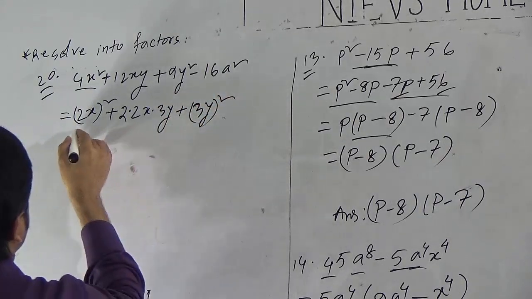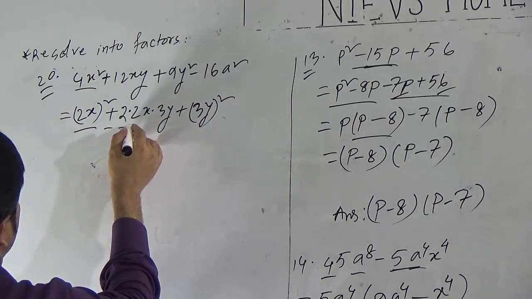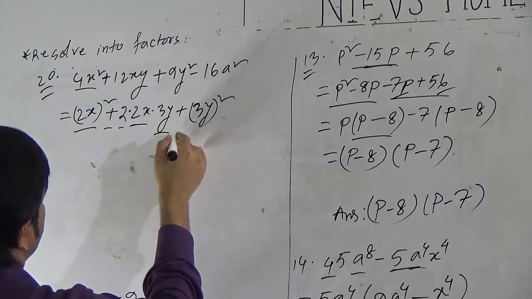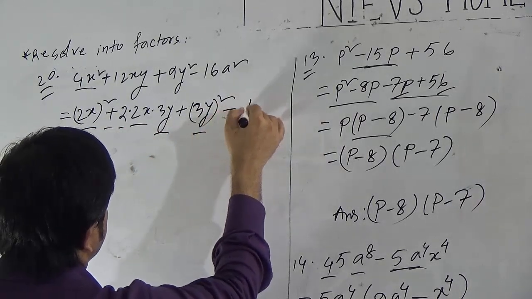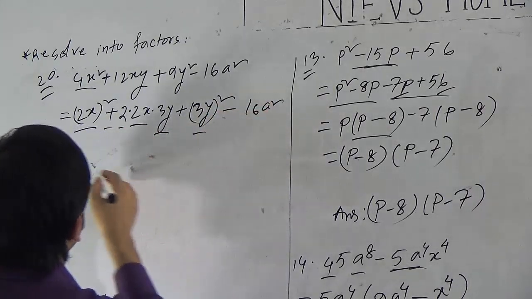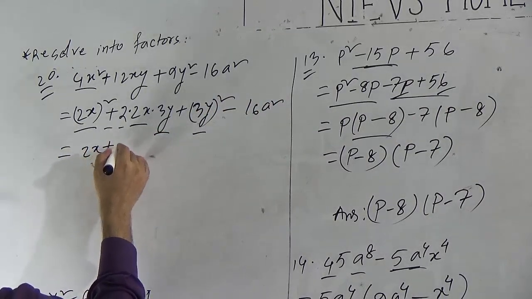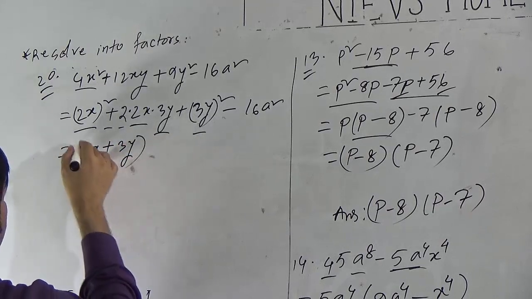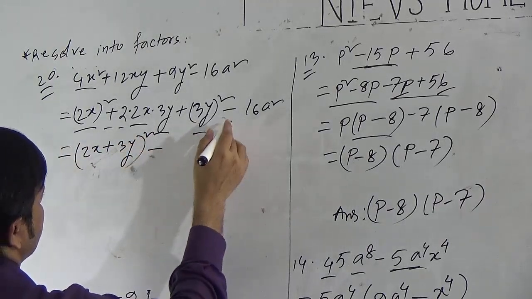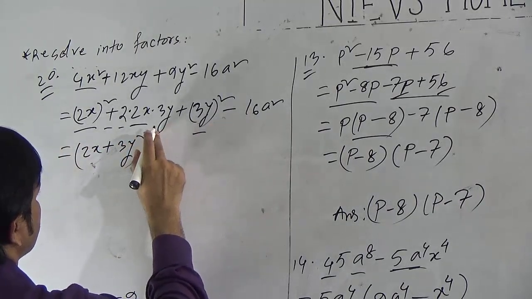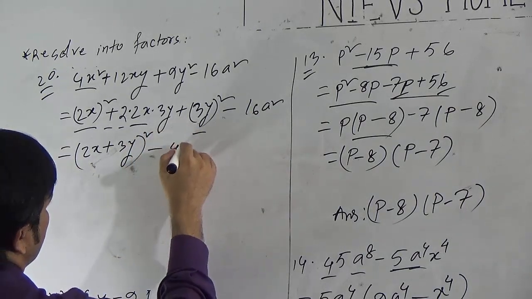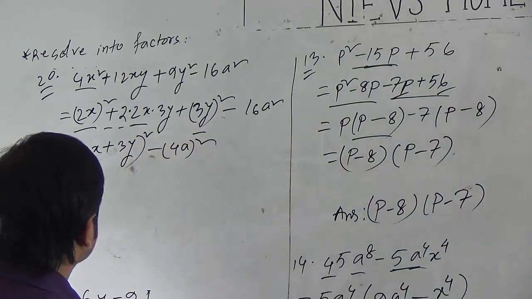It means a square plus 2ab plus b square minus 16a square. So we can apply the formula here, a plus b whole square minus, we can write this as 4a whole square.